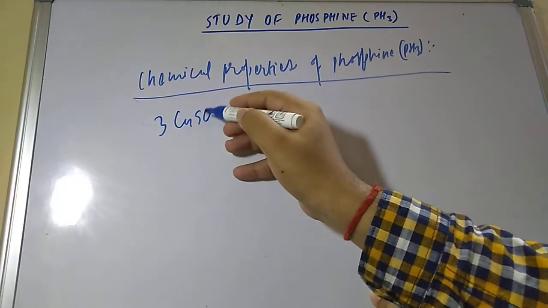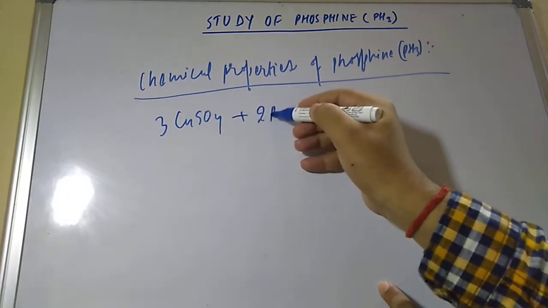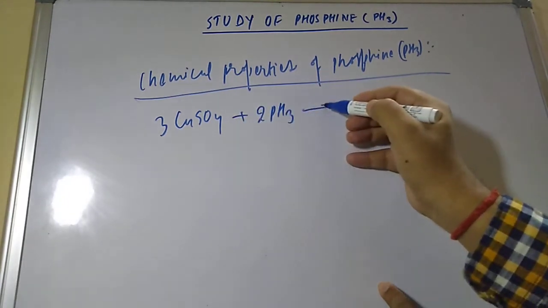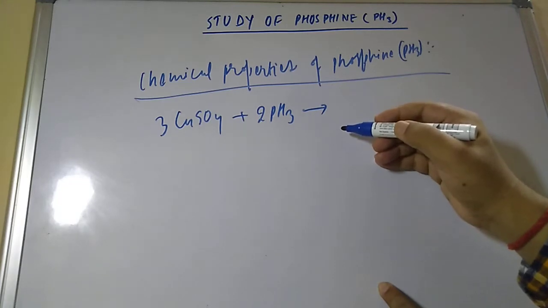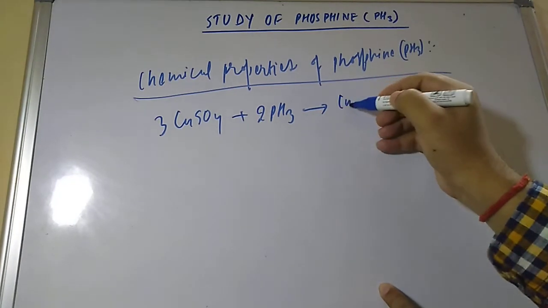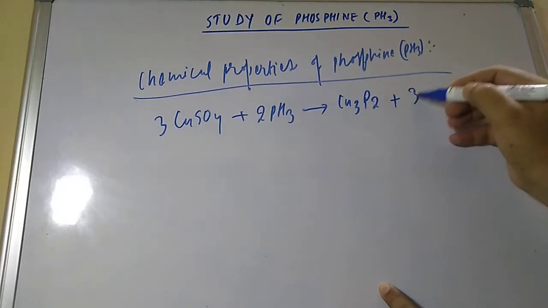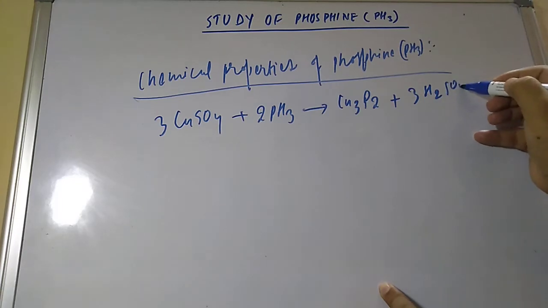We are taking the reaction with copper sulfate, and when copper sulfate is treated with phosphine, it will give copper phosphide, Cu3P2, and along with this it will release H2SO4.